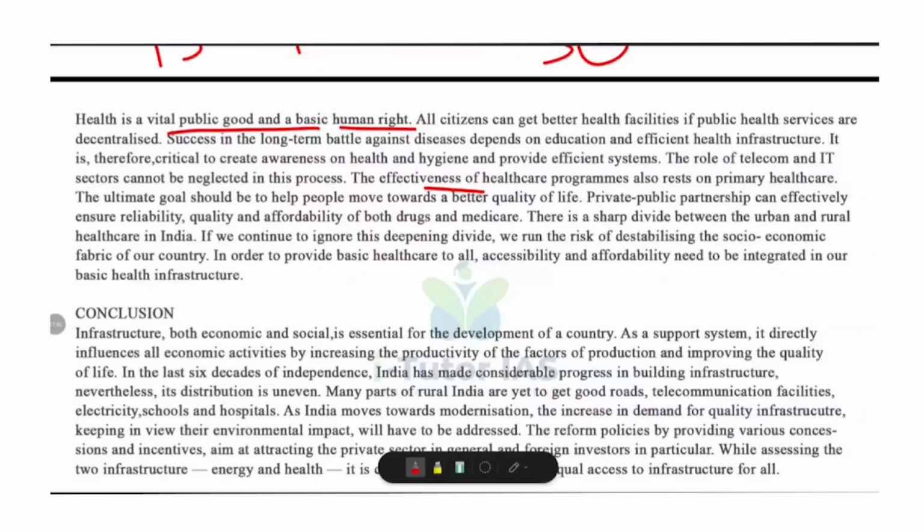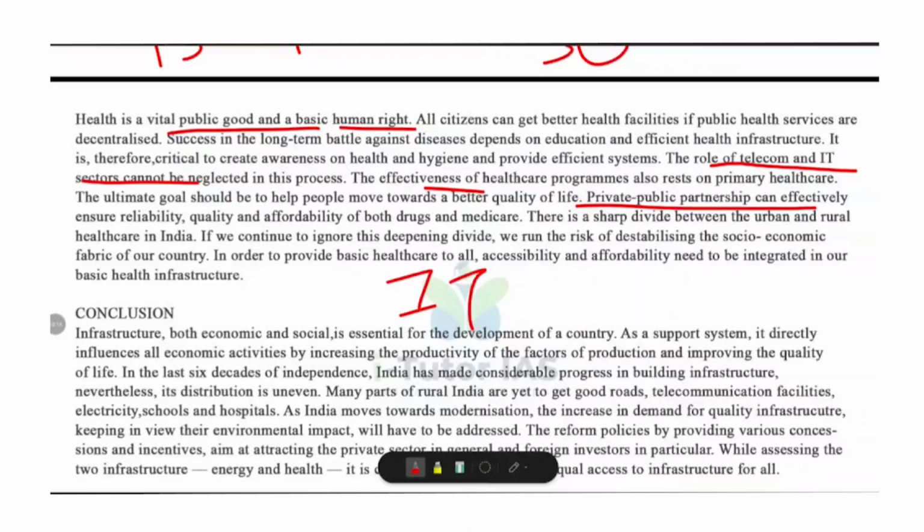Telecom and IT sectors play a supportive role in healthcare delivery and awareness campaigns. Then primary healthcare is central to effective healthcare programs and their goal is to improve quality of life for all citizens. Private-public partnership, that means PPP, can enhance reliability, quality and affordability of medicines and medical care.